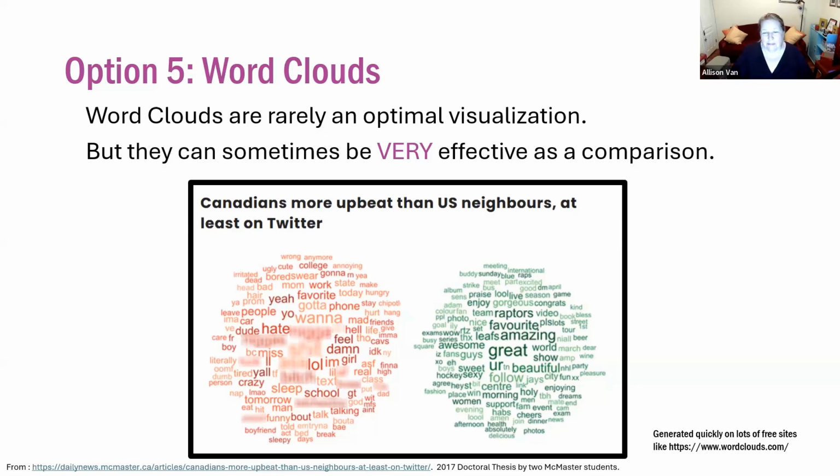However, the exception that has been winning a fair bit of support is when you use data visuals to reflect major differences between two groups. So this was a 2017 doctoral thesis by 2 McMaster students. I will leave it to you to determine which word cloud is which.